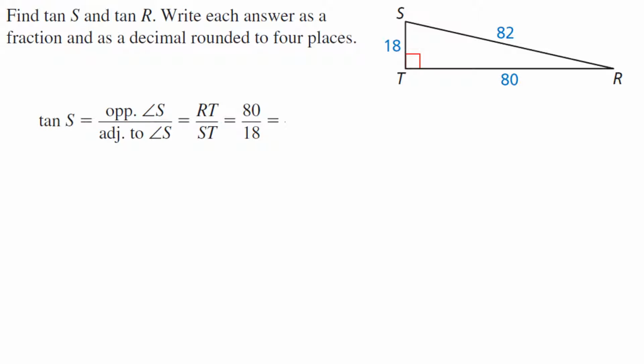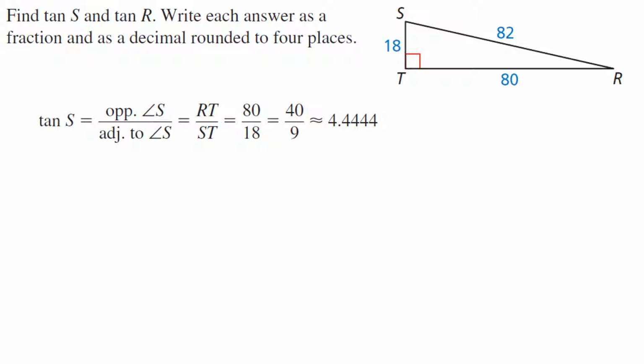Of course, I should reduce the fraction if possible. 80 and 18 are both divisible by the number 2. And then if I grab a calculator, it actually becomes 4.4 repeating. But since the directions ask for 4 decimal places, I rounded it off.